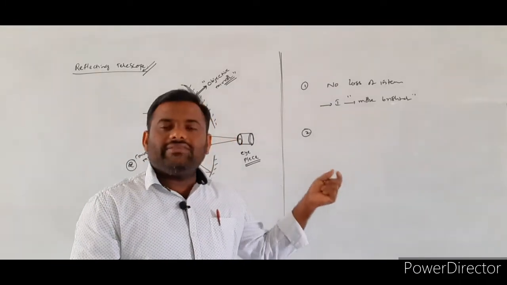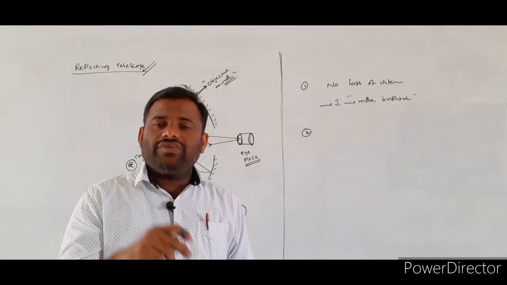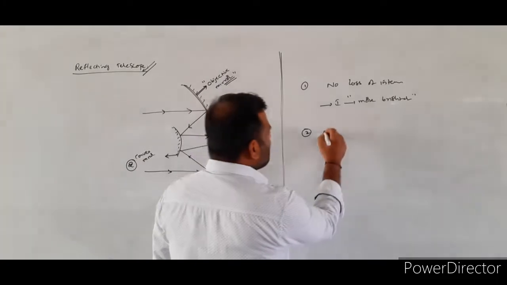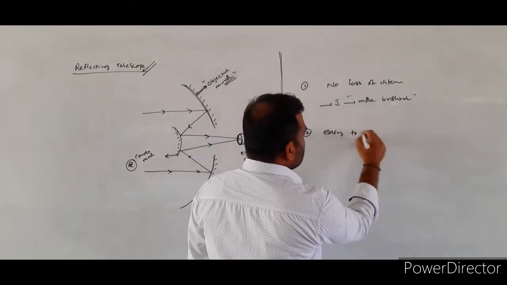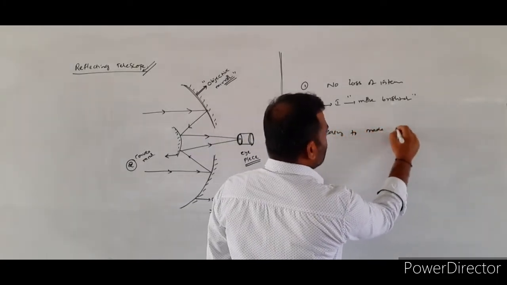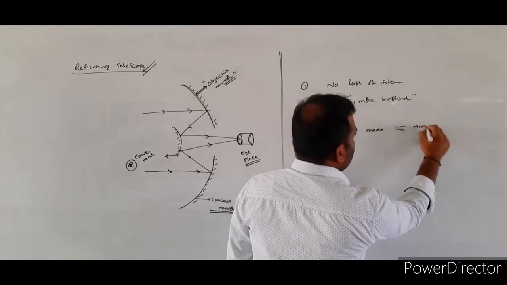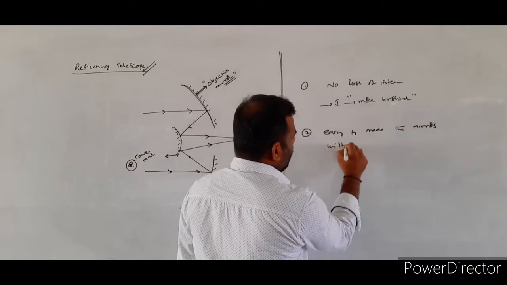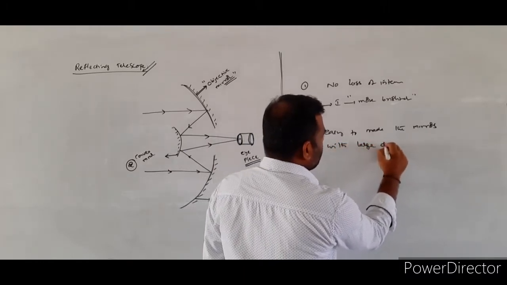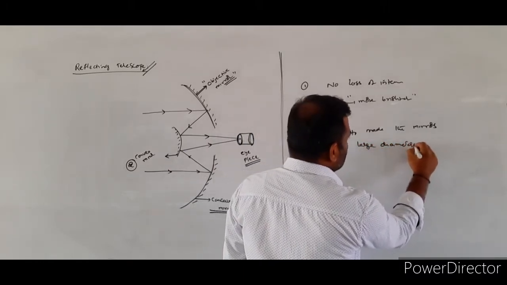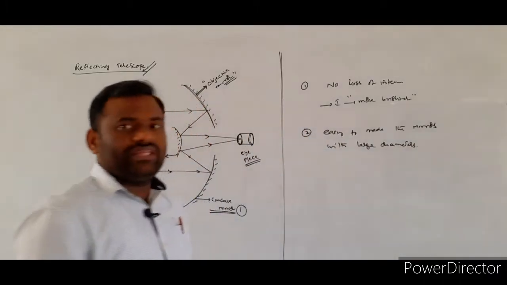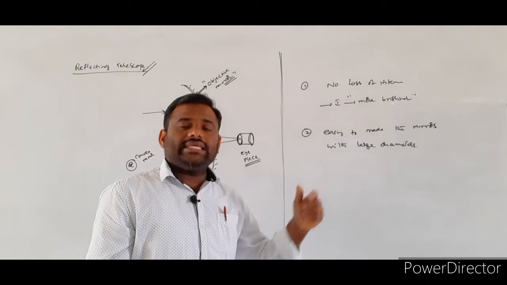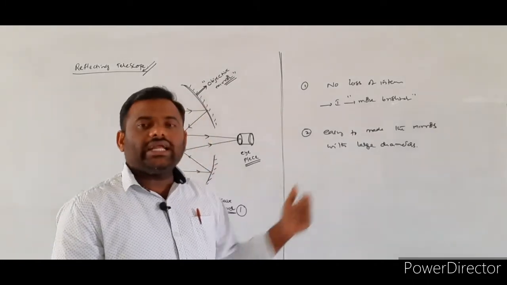So we can easily construct mirrors which have a larger aperture. It is easy to make mirrors with large diameters. This is the second advantage of the reflecting telescope. What is the second advantage? It is easy to make mirrors with larger diameters.